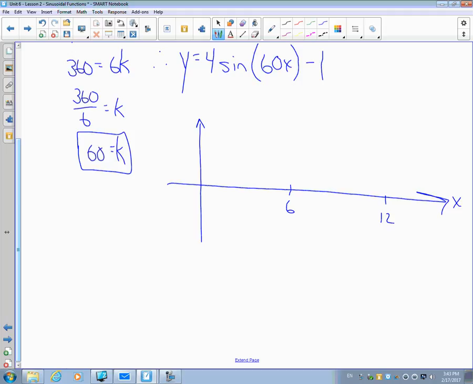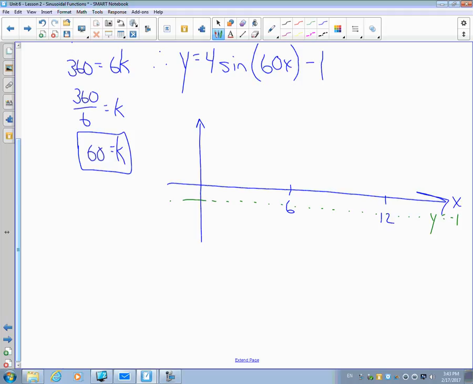So I'm going to make my graph in sets of 6. I was told my central axis is -1. So at -1, I have the average of this graph, the middle of this graph. I was also told the amplitude was 4. That means they never get higher or lower than 4 from the central axis.